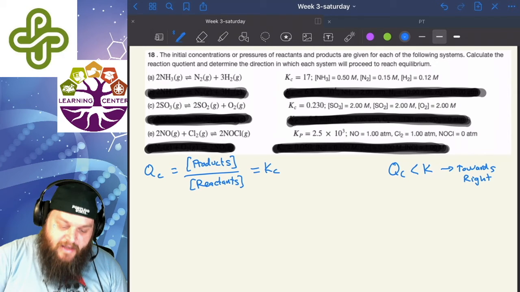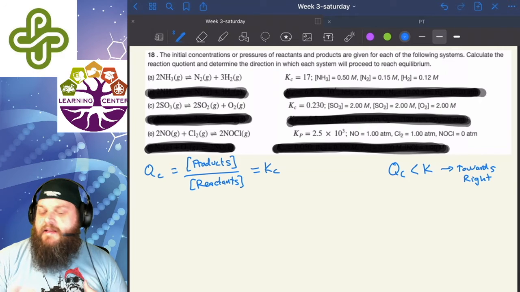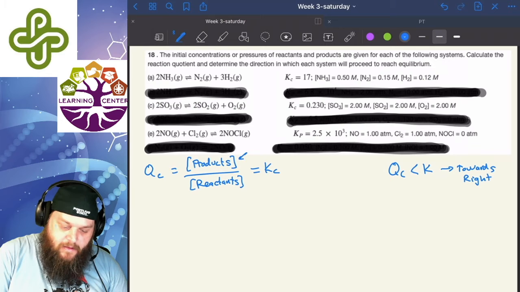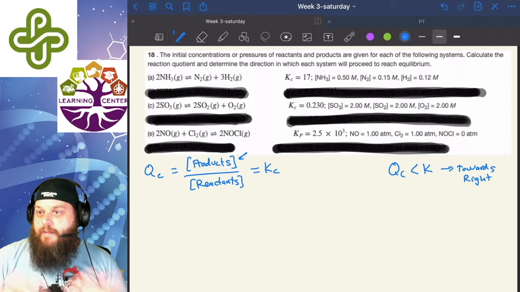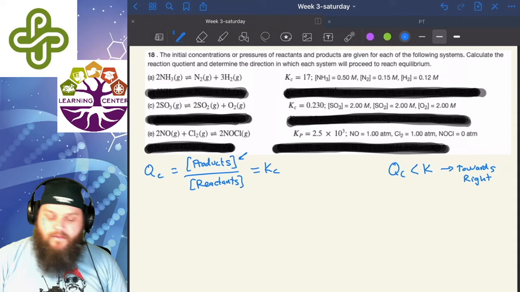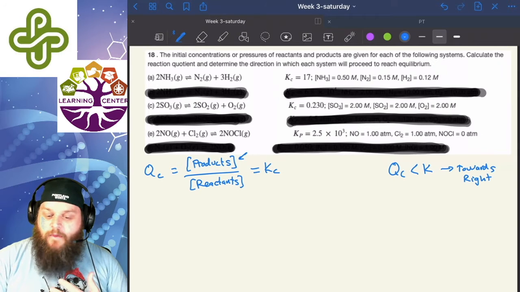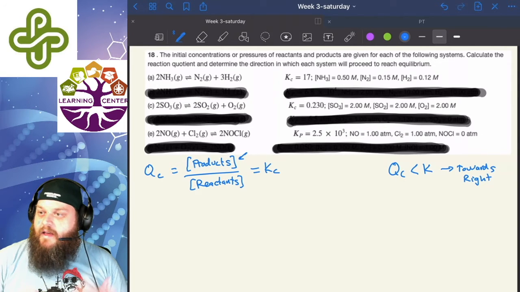We can see that in the calculation: if Qc is less than K, that means the concentration of the products is not big enough, or the reactants is too big. As the concentration of the reactants goes down, the concentration of the products goes up, and the quotient is going to get larger and eventually reach K.